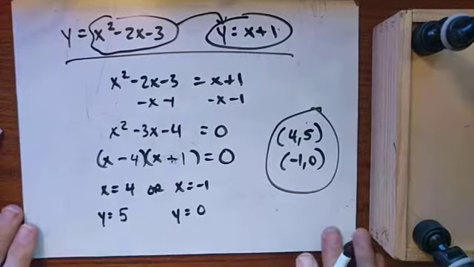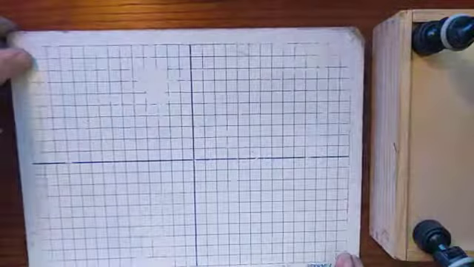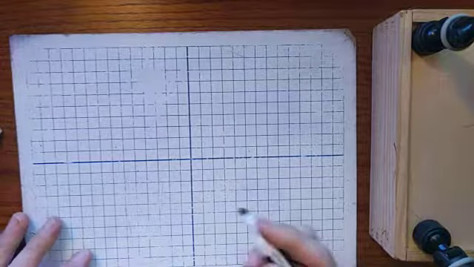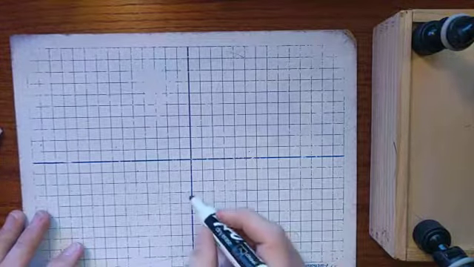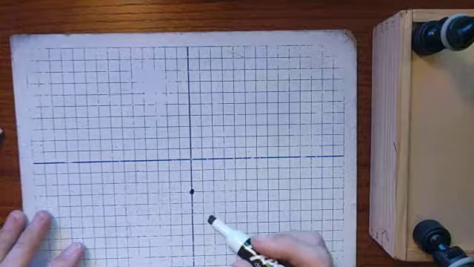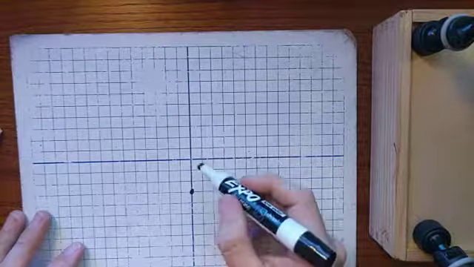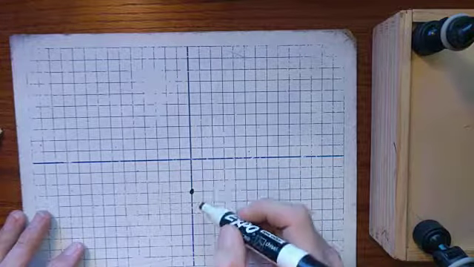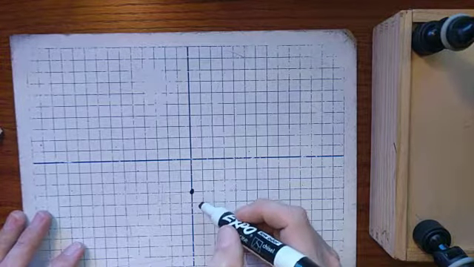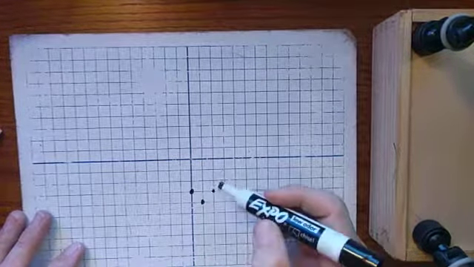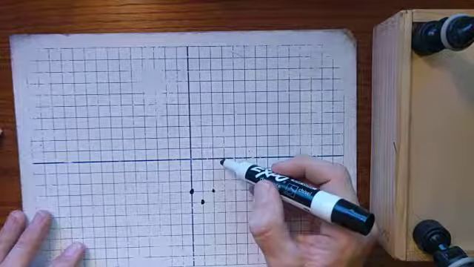Okay, let me show you graphically what that looks like by graphing this on the back. Okay, so the first parabola has a y-intercept of -3. Its axis of symmetry is x equals 1. And its vertex is, let's see, 1, -4. So that kind of looks like this.